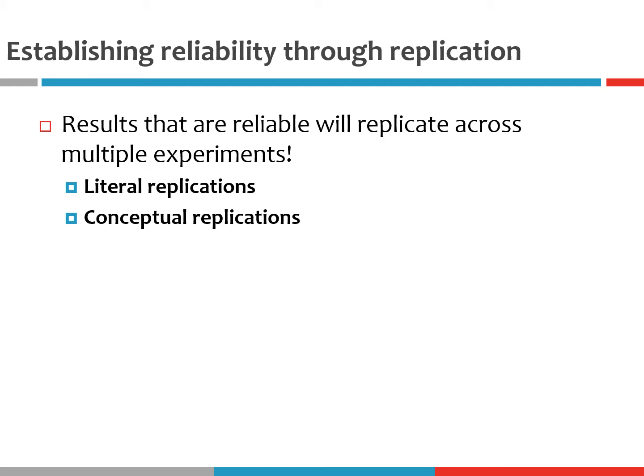Well, the reliability of a study refers to the expectation that we will find similar results when we repeat an experiment. So in research, because we are attempting to find general patterns of behavior, right? We don't want to rely on the findings of one experiment to support our theory, but rather converging results from multiple experiments.